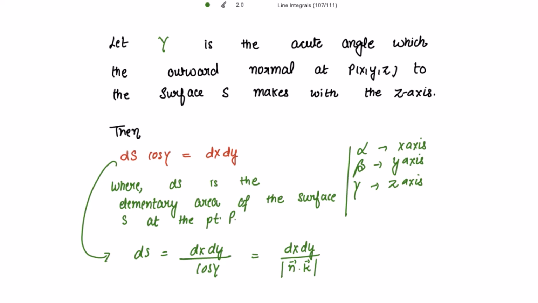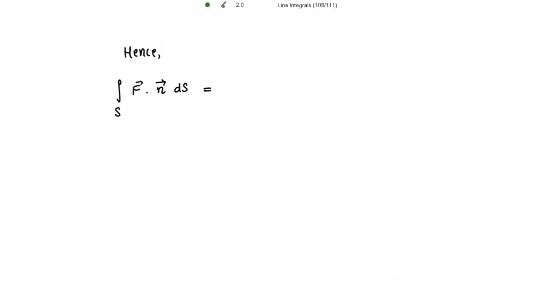So mod is important to be taken here, where this k vector is the unit vector along the z-axis.